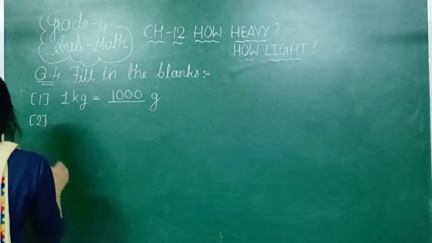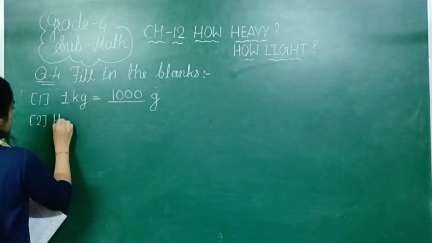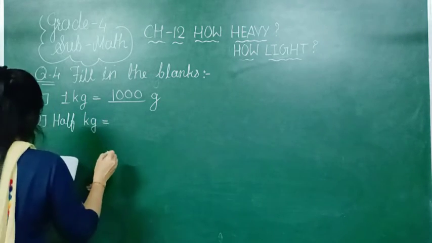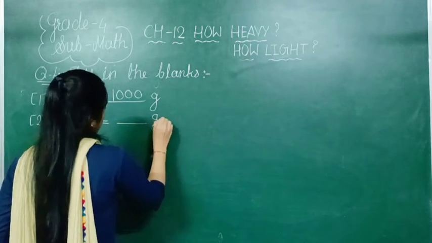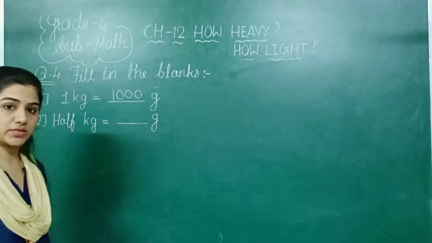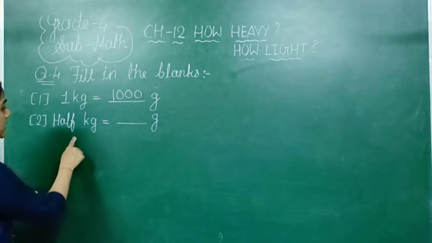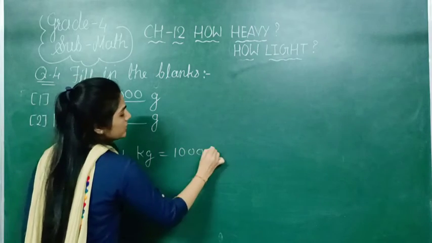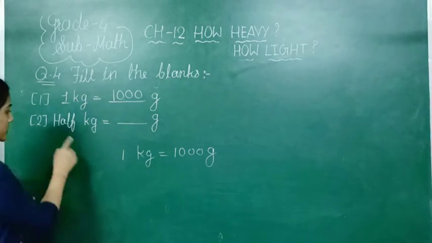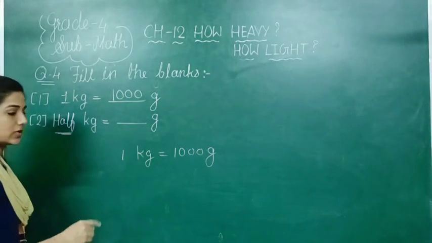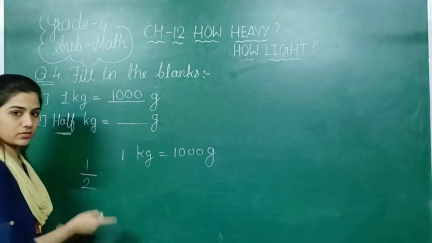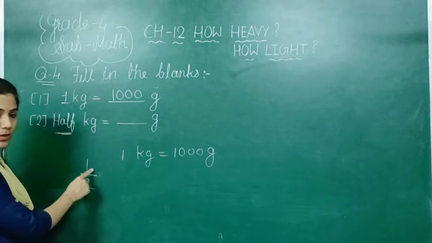Number 2. Half kg is equal to blank gram. In this you have to use your mind. We know that in 1 kg there are 1000 gram, right? Half kg is given, so what is the meaning of half? We can write it as 1 upon 2.